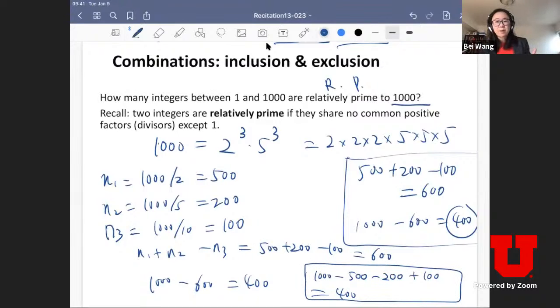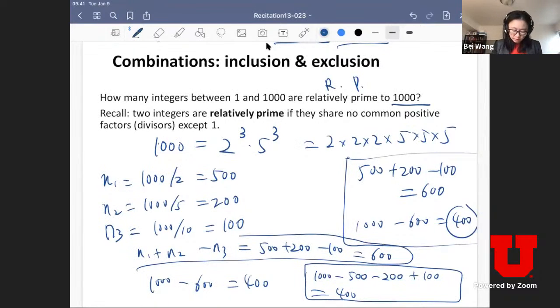But it's easier to think about the exclusion principle by asking which integers are divisible by 5 or divisible by 2. When I add 500 and 200, I'm overcounting the ones divisible by 10, so I need to subtract this overcounted number.